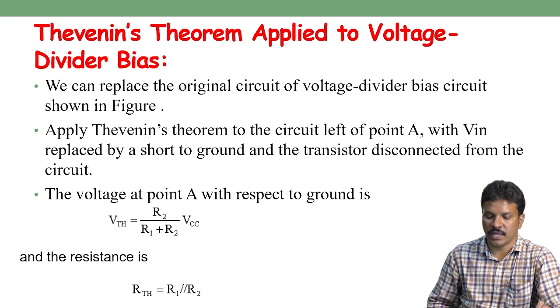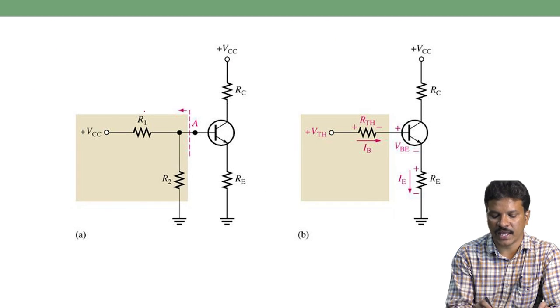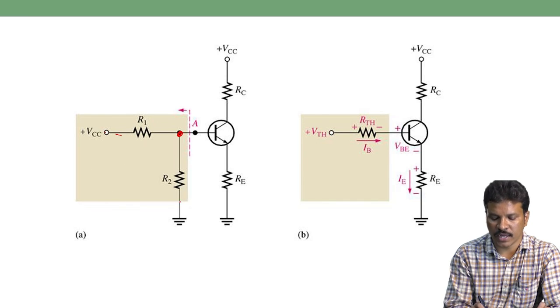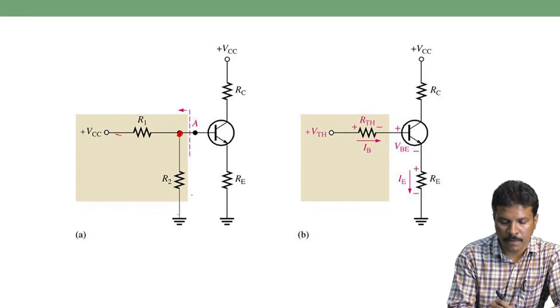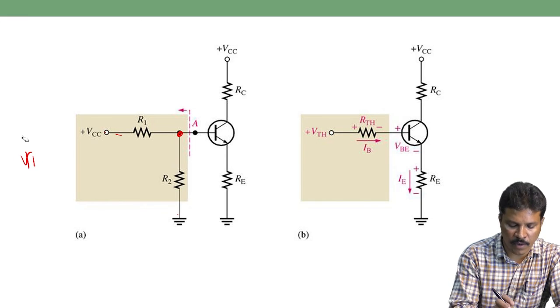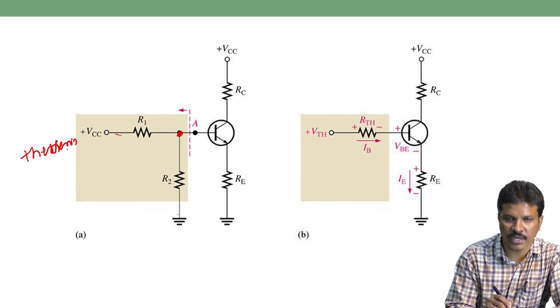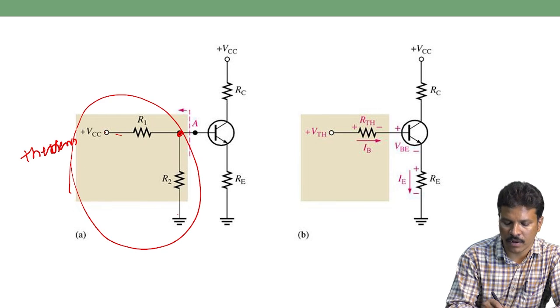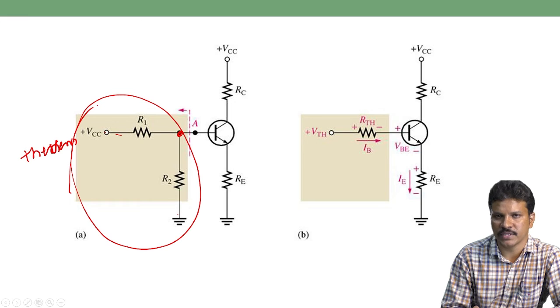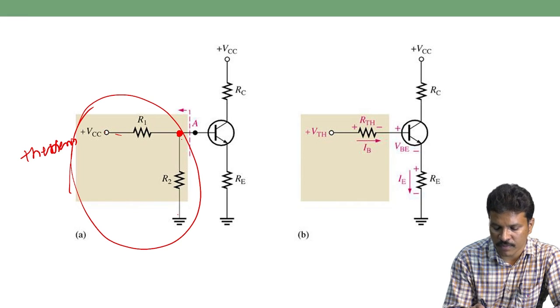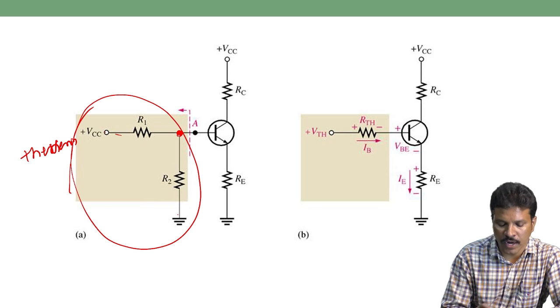So Thevenin's theorem applied to voltage divider bias. If we replace this diagram, divide the VCC provided to R1, take the same VCC separately. So they are like a voltage division rule. What is the voltage across R2? So here, how do we apply Thevenin's theorem? Thevenin's theorem states that this is the network, for example. In this network, in order to apply Thevenin's theorem, we have to find the Thevenin voltage from this point A. So how do we get VTH?